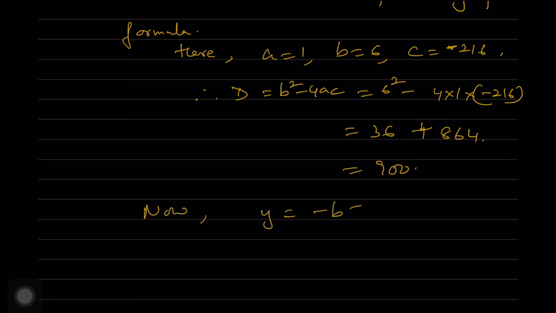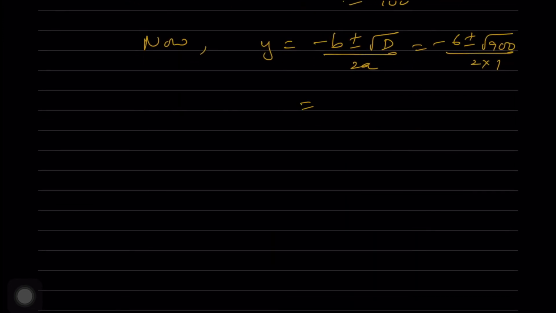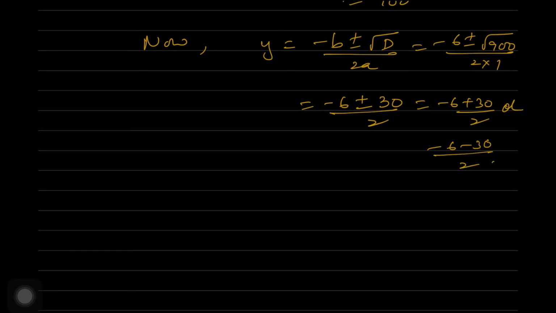Now y is equal to minus b plus or minus root d by 2a, which is equal to minus 6 plus or minus root of 900 by 2 into 1. So which is equal to minus 6 plus or minus 30 by 2, which is equal to minus 6 plus 30 by 2, or minus 6 minus 30 by 2. So which implies plus 24 by 2 or minus 36 by 2, that is equal to 12 or minus 18.